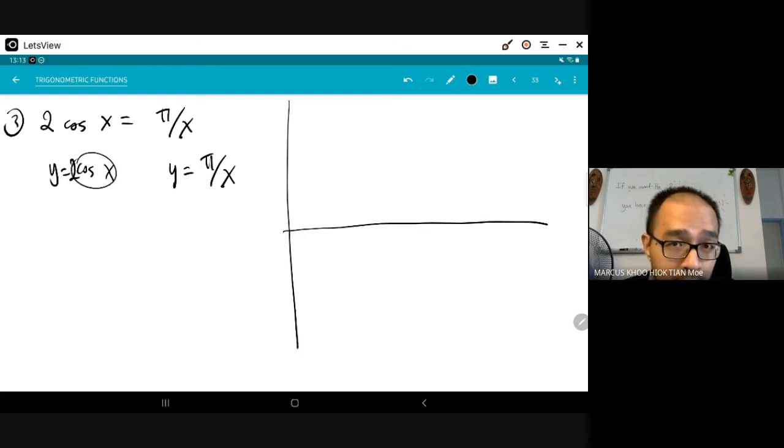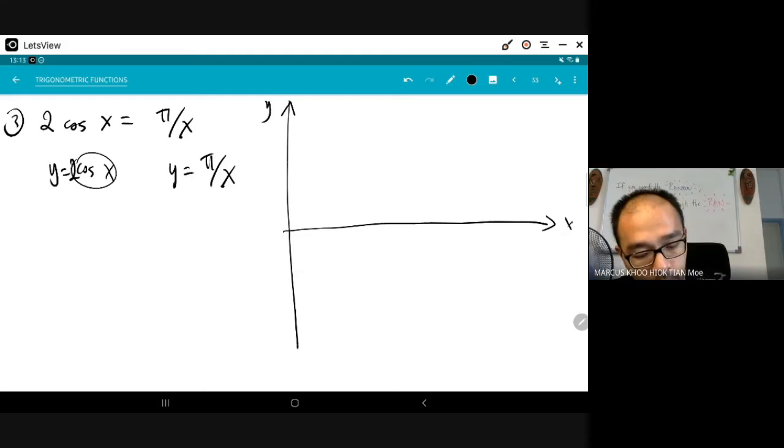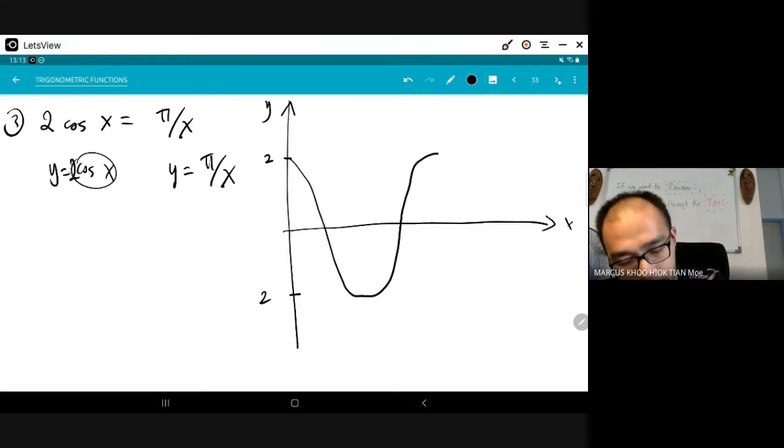Okay, what is the maximum and the minimum value for this graph? 2 and negative 2. Okay, so I'm going to have 2 and negative 2, and only one cycle. So one cycle, and this is 2 pi. Okay, let's mark the rest. Halfway is pi, halfway of that is 3 over 2 pi, and halfway of this is pi over 2.